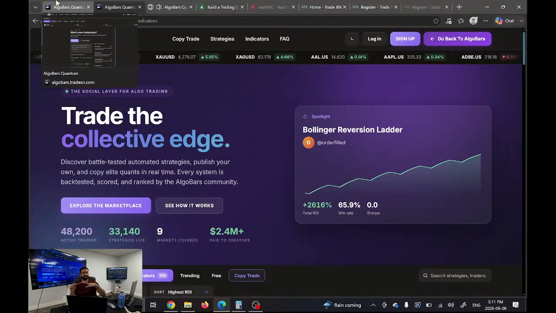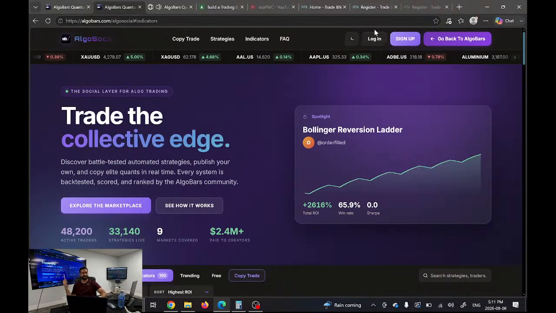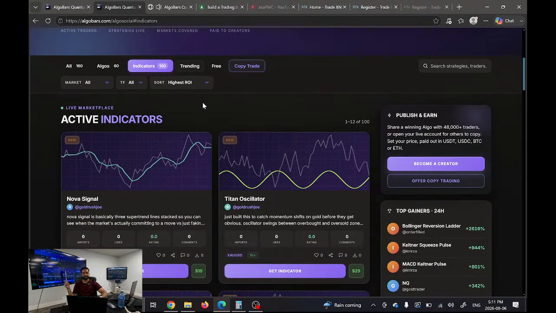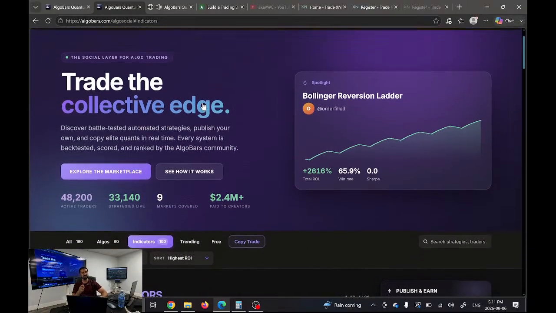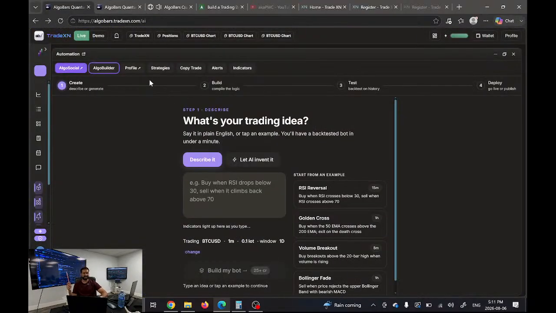Let's say you have a big community. You want to do copy trading. You can do copy trading right here. You can set up your master trader and then set it up, publish it, set a price. Now your community can pay you. They can copy your trades automatically on their AlgoBars account. You can even build custom indicators and sell your custom indicators that they can actually use on their AlgoBars account.